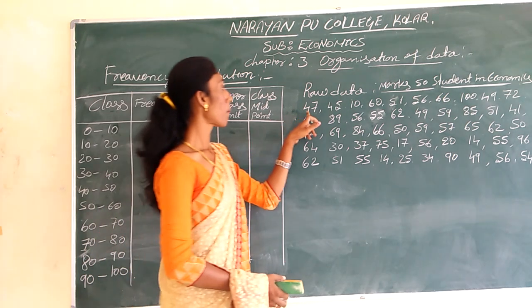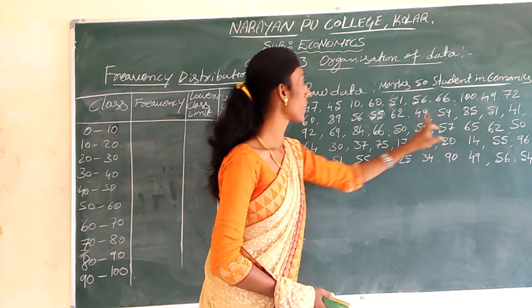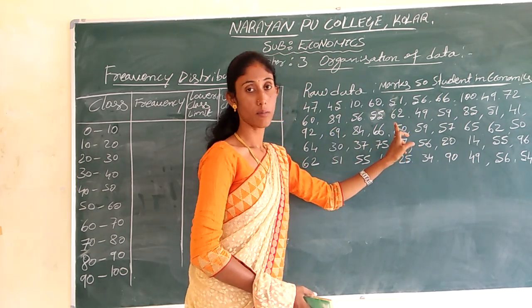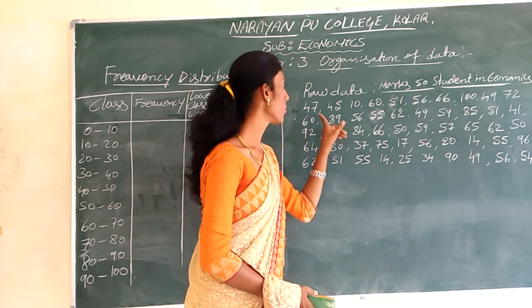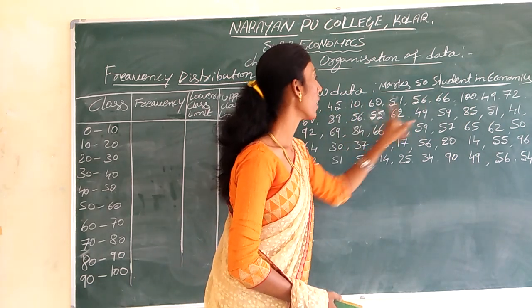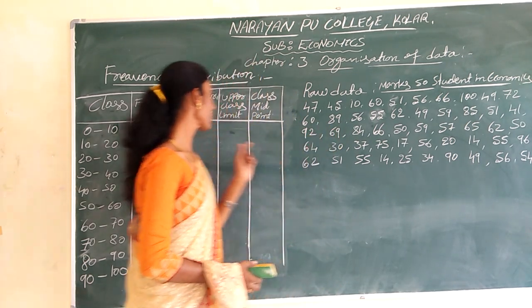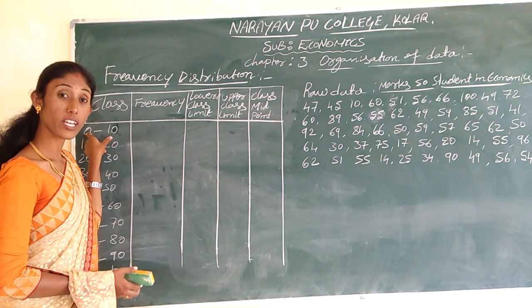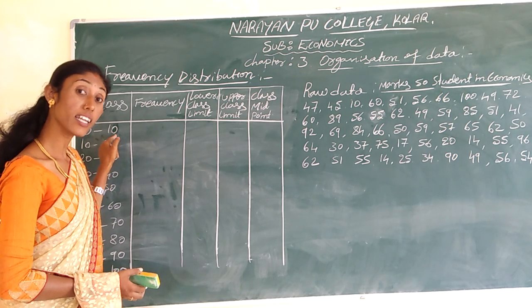By observing this raw data, we can see that no student has got marks below 10 and above 0. One thing you should clarify here: the class limit 0 to 10 means more than 0 and less than 10.